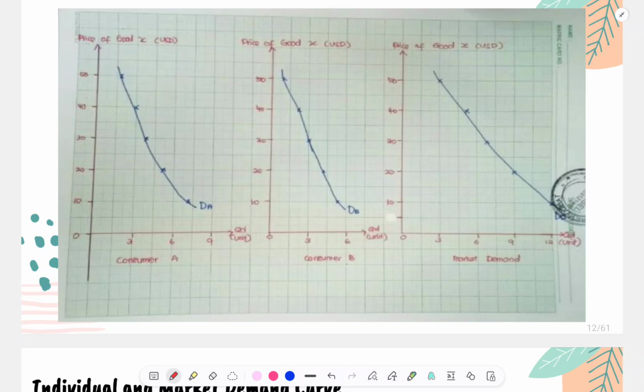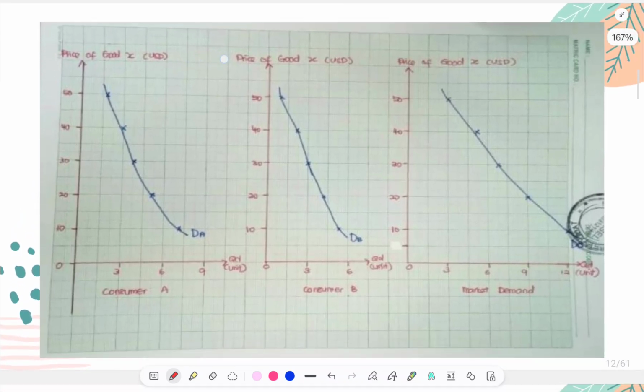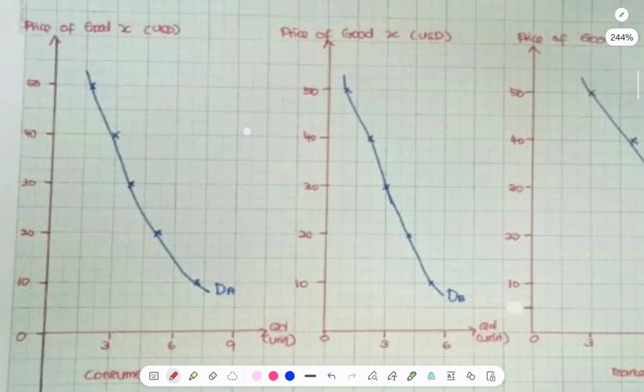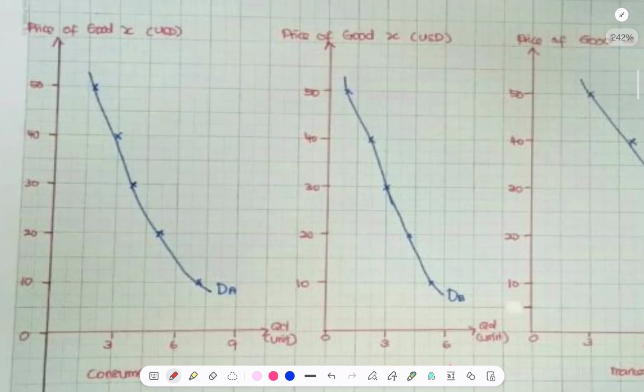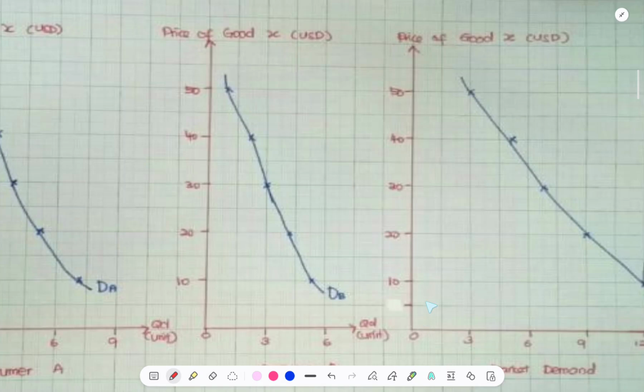For the y-axis, price, I choose 2 big boxes with a scale of 10 ringgit. Same goes for customer B, 2 big boxes, scale of 10 ringgit. And market demand needs to follow the same rule, 2 big boxes, scale of 10 ringgit.